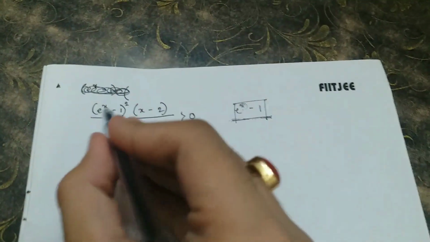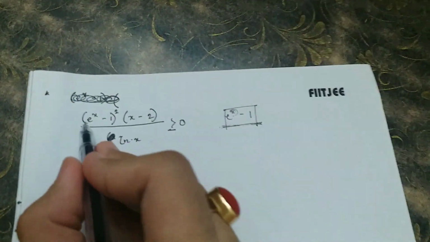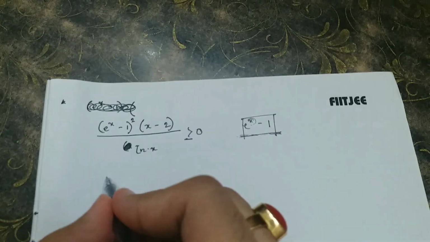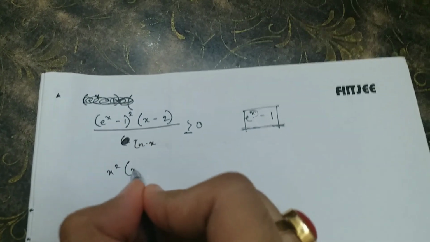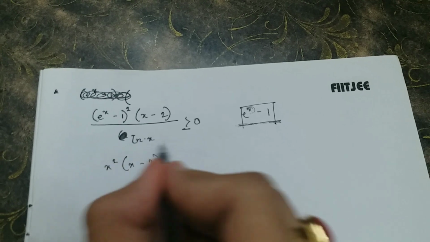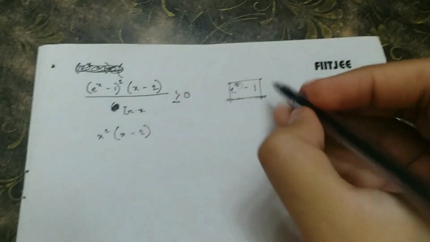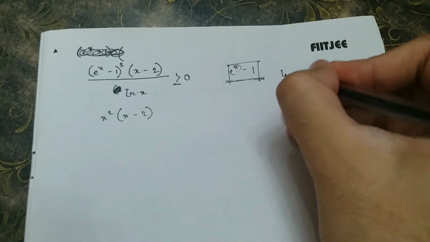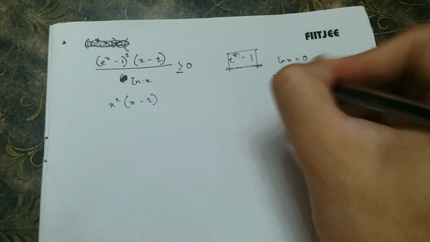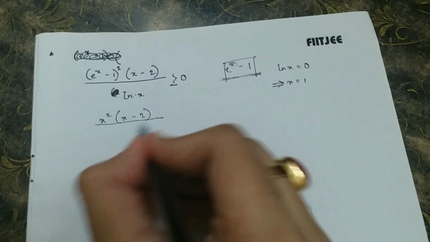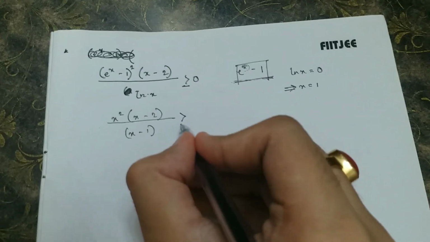So for the sake of expressing it in the form of a wavy curve problem, we can write e to the power x minus 1 as x square into x minus 2. And similarly, the logarithmic function, if you know log, you will surely know that ln x becomes 0 only when x is equal to 1. So we can express it as x minus 1 greater than equals to 0.